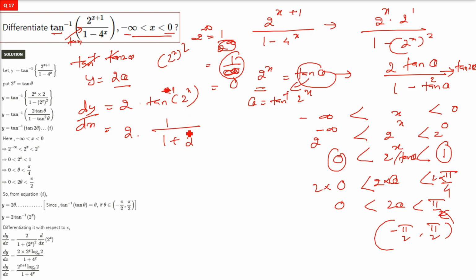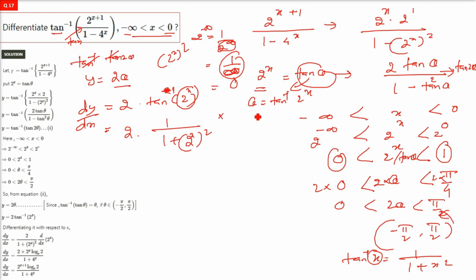And what after that? Because we have to follow the chain rule. So differentiation of 2 to the power x will also be done. See, tan inverse x differentiation is 1 by 1 plus x square. So 2 to the power x to the square, 2 to the power 2x, which is actually 4 to the power x.